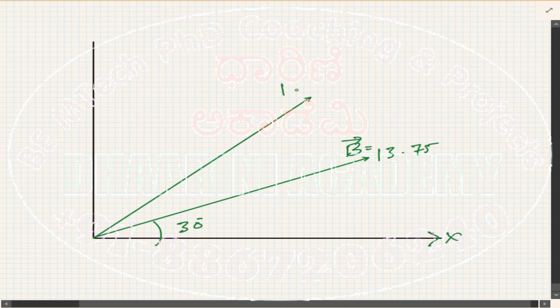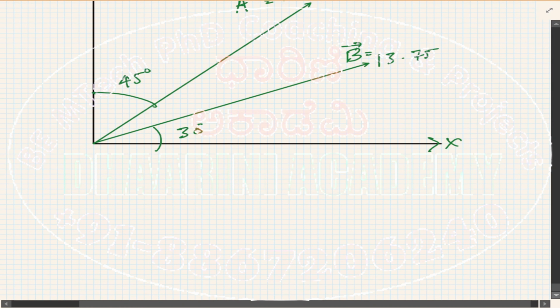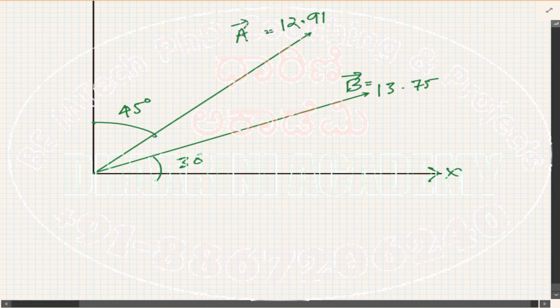This is 12.91. This is vector A making an angle of 45 degrees with respect to the y-axis.